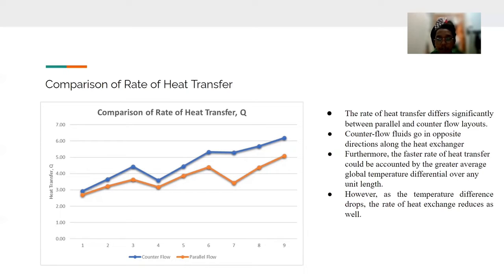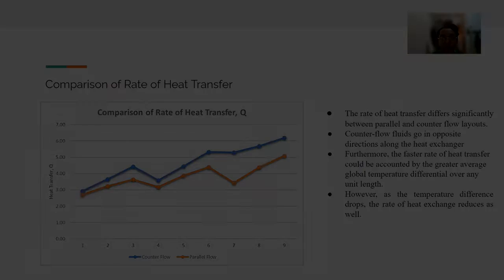The faster rate of heat transfer can be accounted for by the greater average temperature differential over any unit length. However, as the temperature difference drops, the rate of heat exchange reduces as well. The blue line is for counter flow, and the orange line is for parallel flow. That's all for me. Thank you.